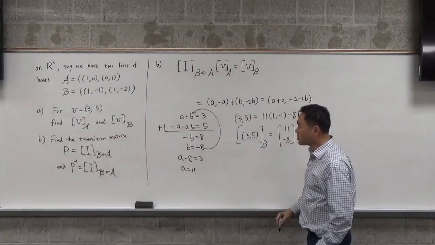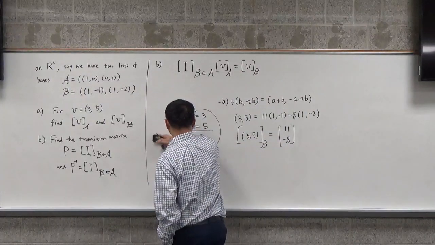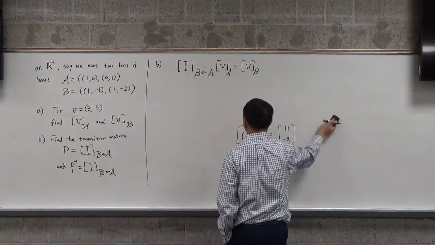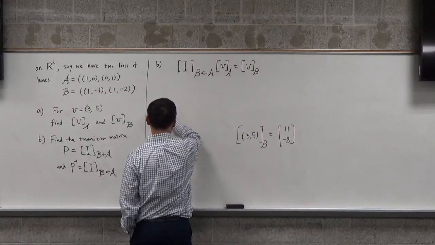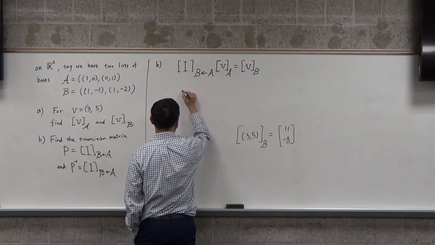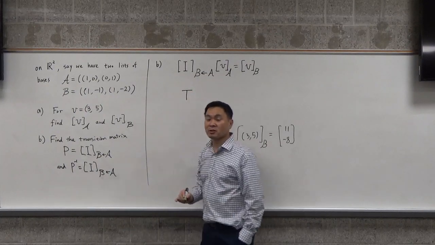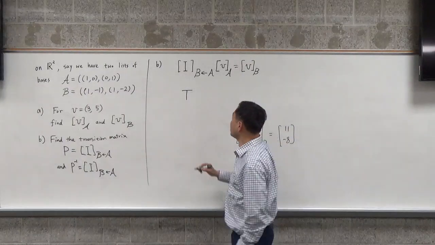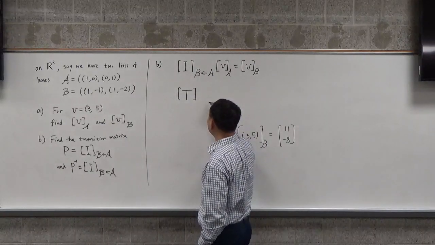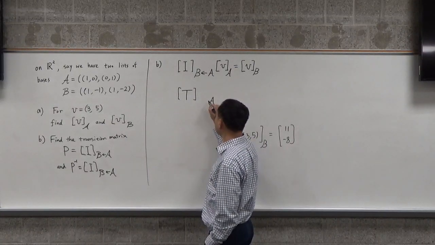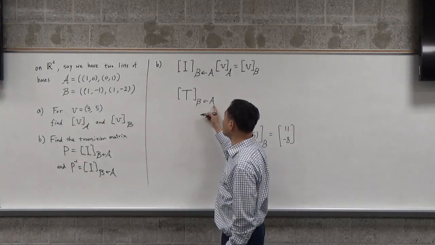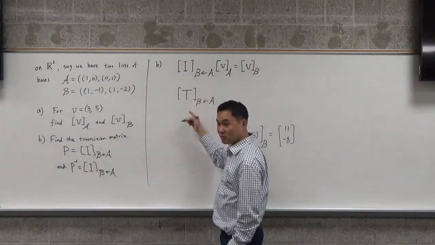So in general, and I'm going to do this tougher case next, if you have some linear operator T, and you have a basis from the domain and another basis in the target, then you can choose those to represent this as a matrix.